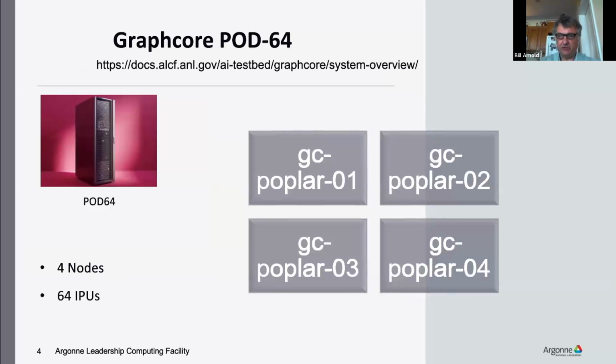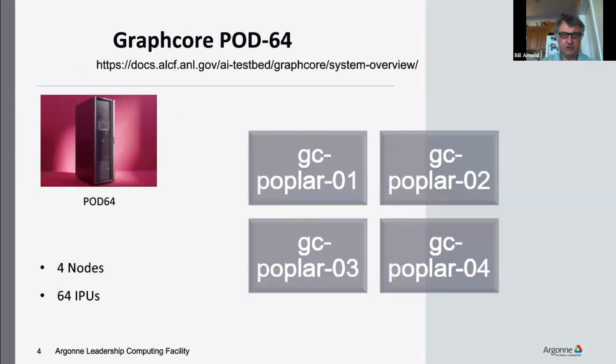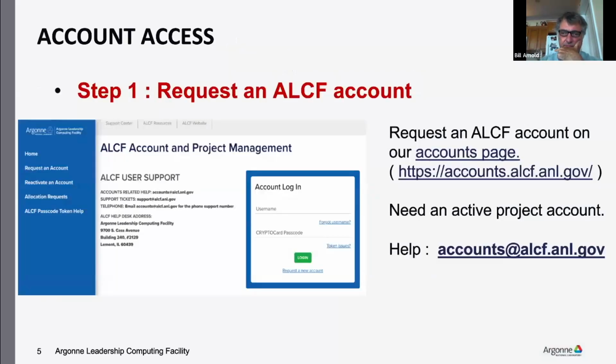The systems that you can SSH into are the second, third, and fourth node. When you launch a job, you tell Slurm to allocate some of the IPUs for your job. They're somewhere in the rack, but they're not actually associated with the node directly.